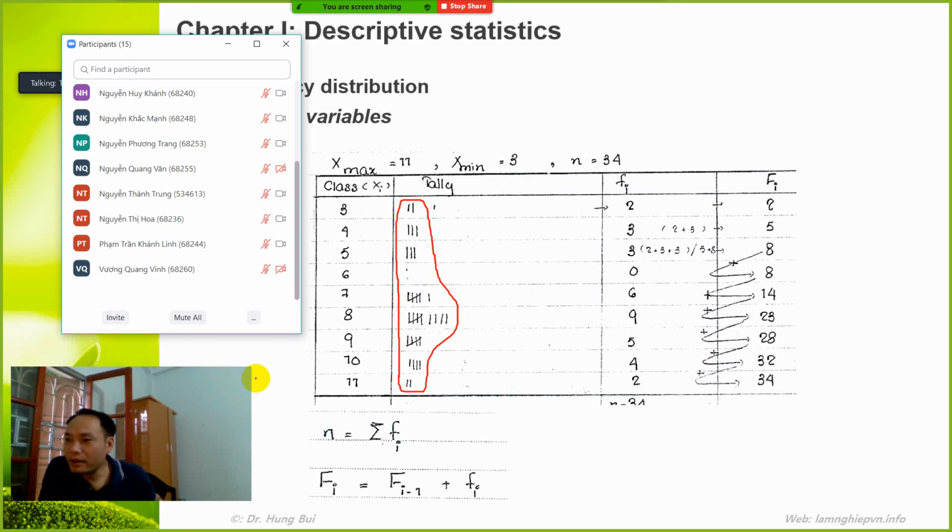Really? Which class? 3, 4, 5, 6 or which one? Seven, 8? Which one? Show me. Here, so you can see here.